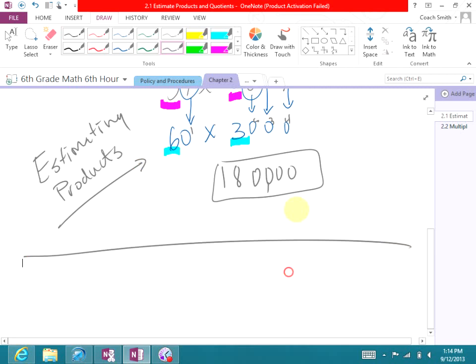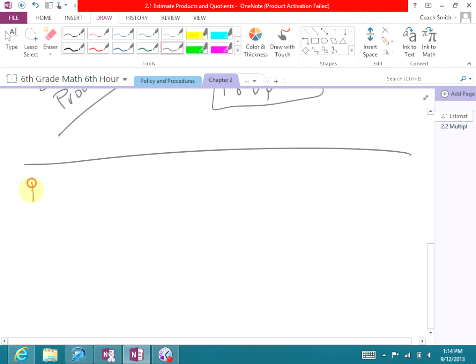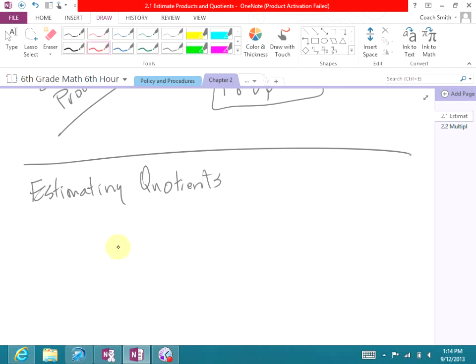All right, now let's look at estimating quotients. Estimating quotients is exactly like estimating products, except now we're dealing with division problems. 21 divided into 106.